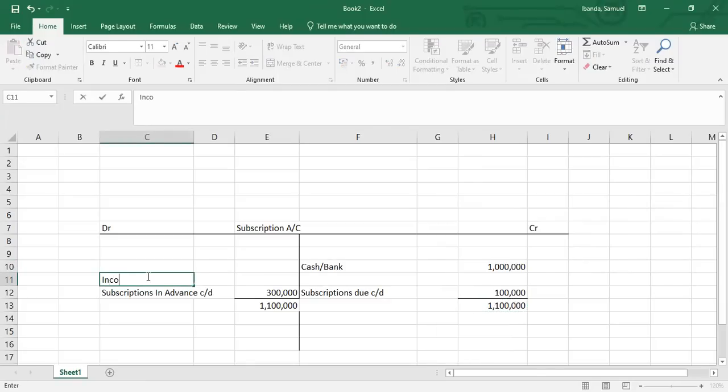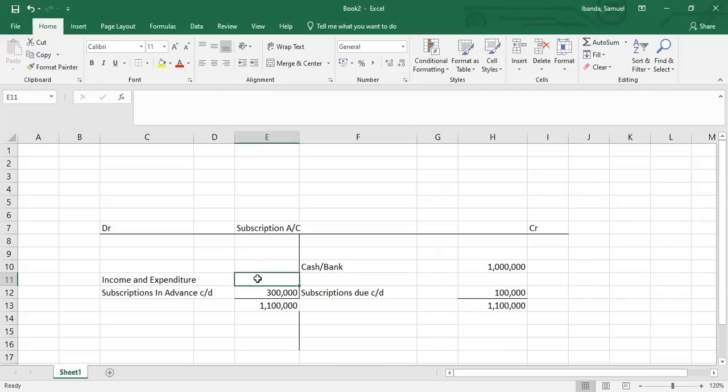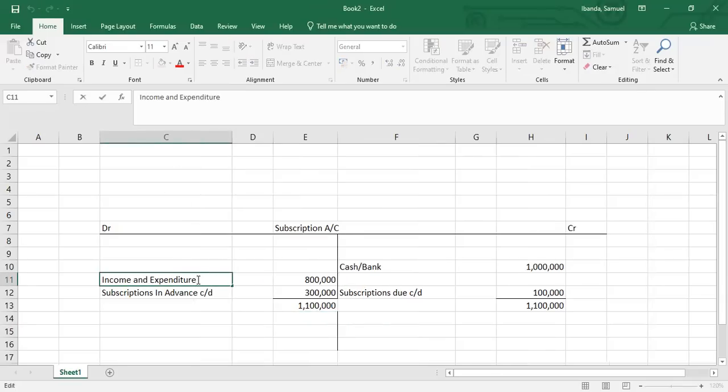Now this balancing figure is what is going to your income and expenditure account. It is the amount that goes to your income and expenditure account, which will be basically 1.1 minus 300,000, which gives you 800,000. So 800,000 is the amount of money that is recorded under your income and expenditure, and it is your balancing figure right here.